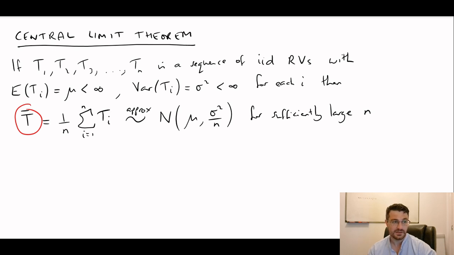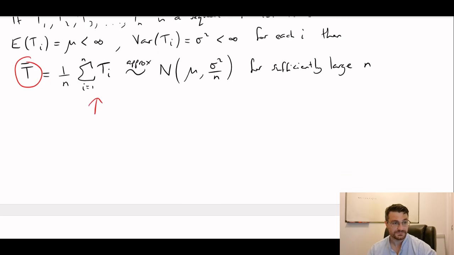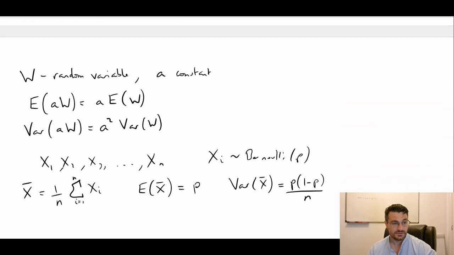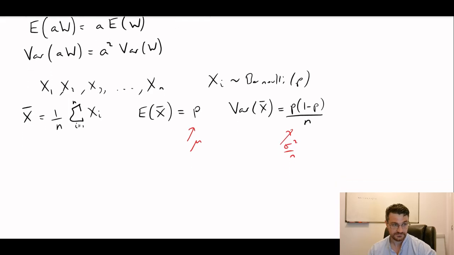N is the number of random variables that I'm including in my sample mean. So this is the mu, and this is the sigma squared over n.